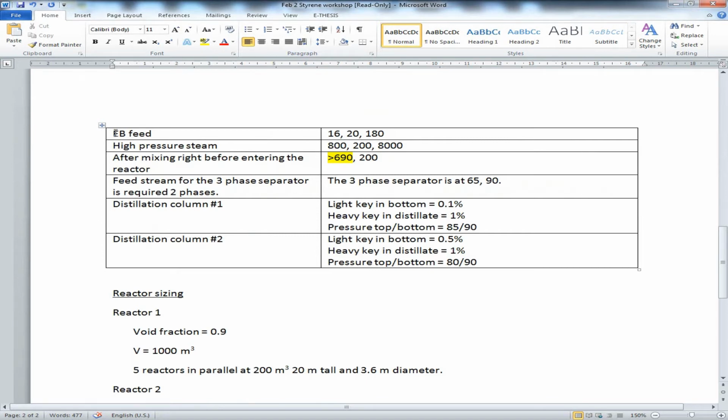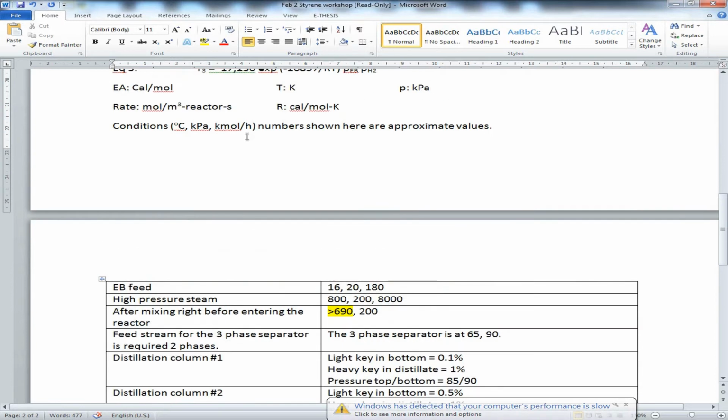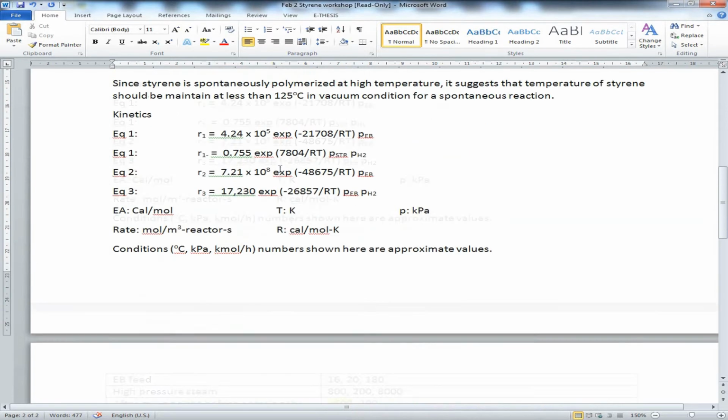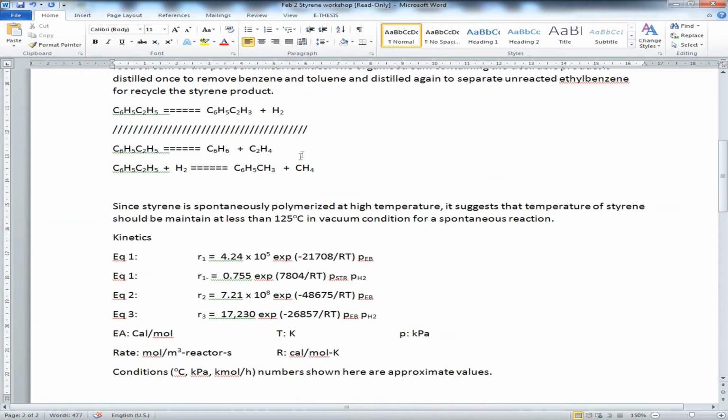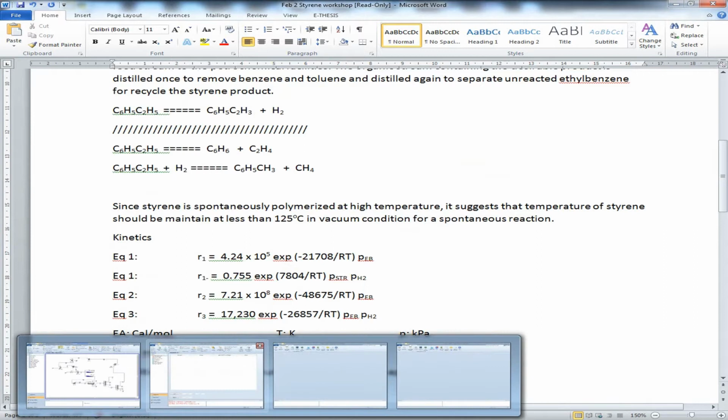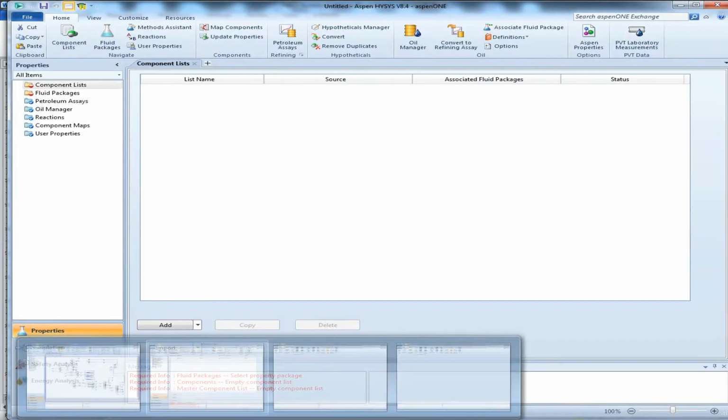Okay, let's begin with the feed stream of ethylbenzene at 16 degrees Celsius, 20 kilopascal, and the input is 180 kilomole per hour. And we will learn how to input the information of the rate expression in HYSYS here.